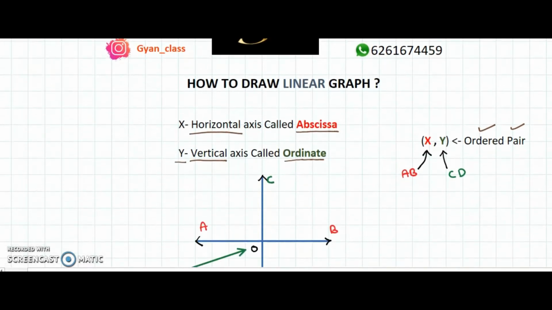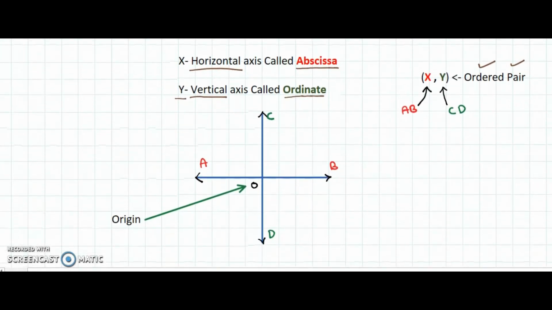Now, how to draw a graph using the axes. Here I have represented a horizontal axis AB, which we call abscissa, whereas the vertical axis is the ordinate. We call the point B x, whereas point A will be called x dash.